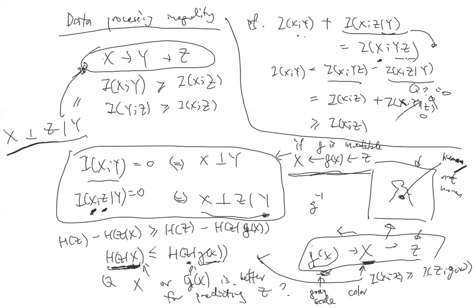The processing is not like thinking along the order of your process, like I first have X, then I generate GX, and then I try to generate the next variable. Therefore, this is not a Markov chain. The Markov chain is about how the variables are interdependent with each other.